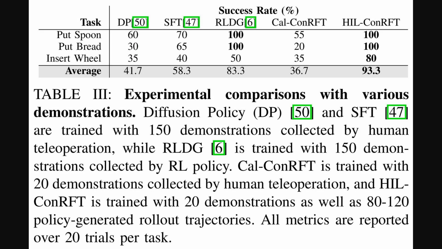Okay, so building on that idea of effective learning, Table 3 here explores whether just having more demonstration data is better. It compares ConRFT, which starts with only 20 human demos, against methods like diffusion policy and SFT that use 150 human demos, and RLDG, which uses 150 demos collected by an RL policy.